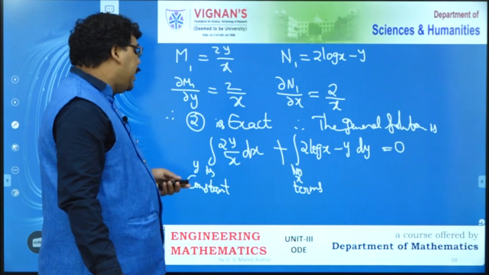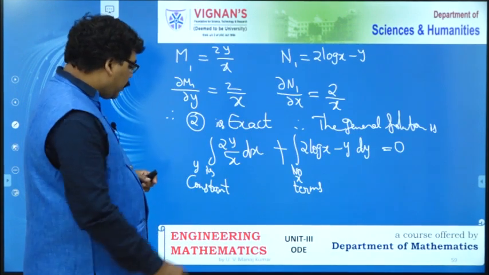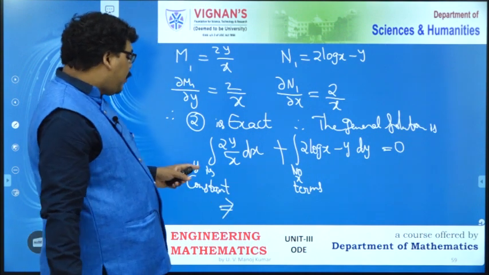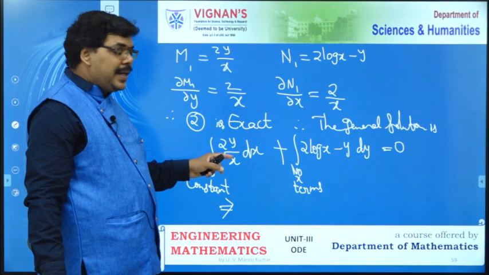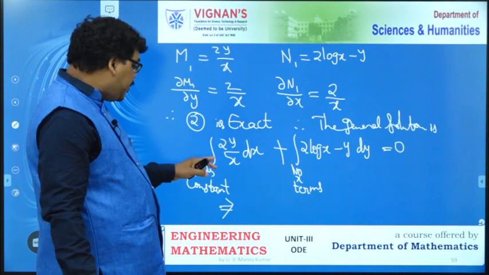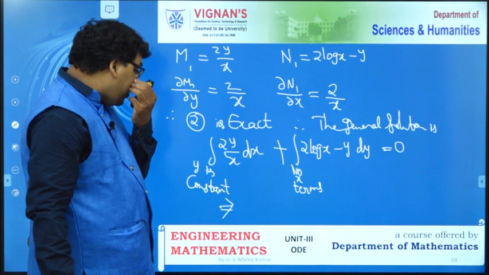So when you do this integration, y is constant, so 2y is constant, and we are not differentiating, we are integrating, so the integral of 1 by x is log x.